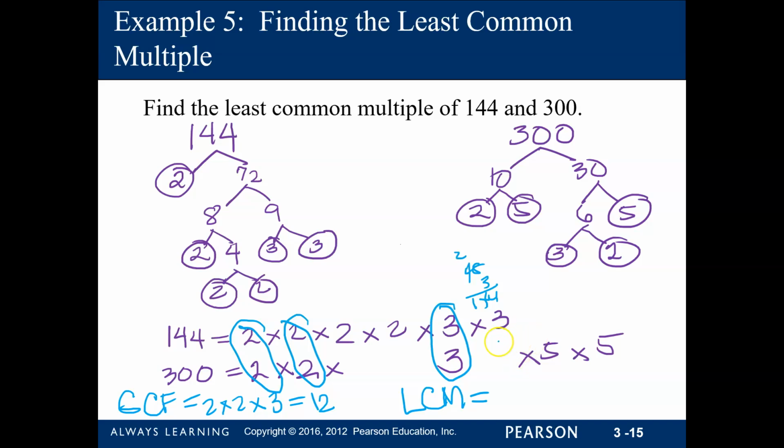If you multiply that, the value is going to end up as 3,600. So if you remember the list earlier, 144, 288, and so on, 300, 600, 900, the first time that they will be the same is when you hit 3,600 on the list. Okay?